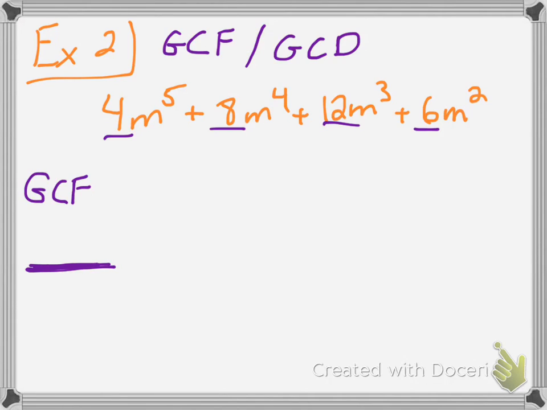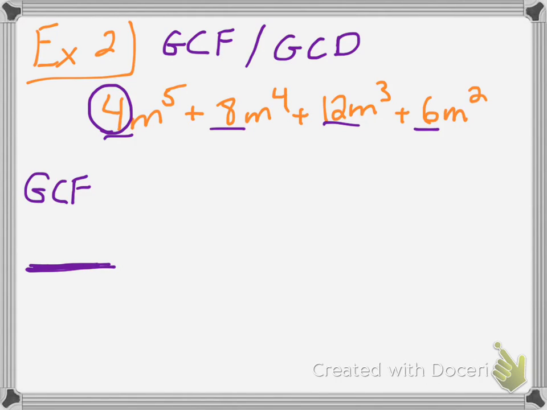Well, I know 4 would work, and I keep focusing on 4 because 4 could be the number. But you have to ask yourself, does 4 divide 8? Yes. Does 4 divide 12? Yes. Does 4 divide 6 evenly? No. It'll divide it, but it won't be pretty. So 4 is not the answer.